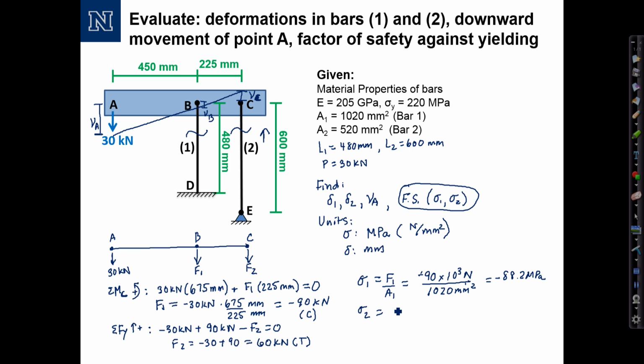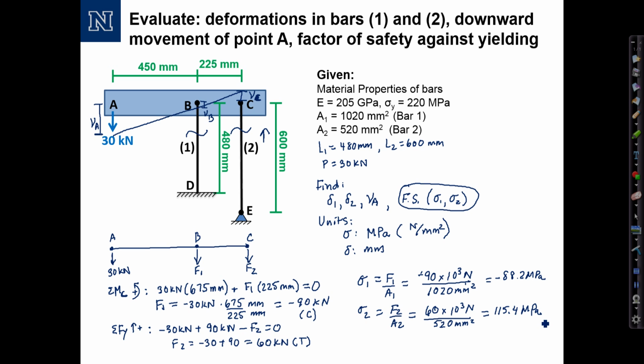Likewise, sigma 2 equals F2 over A2, 60 times 10 to the third newtons over 520 millimeters squared, which is 115.4 megapascals.